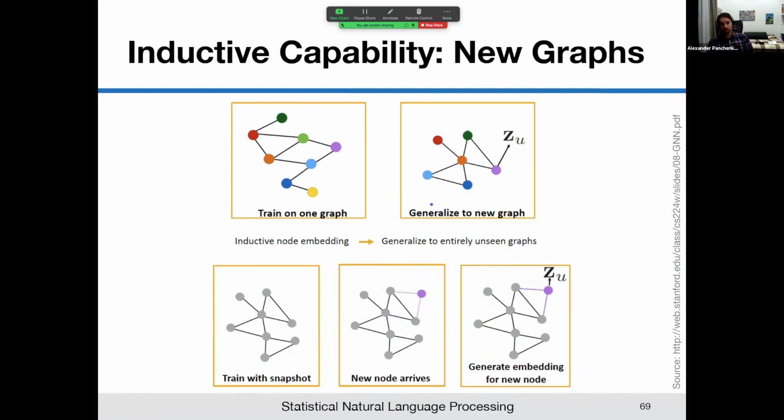And the distribution of the new ego network should be somehow similar to what you've seen during training. If you just have a new node which is not connected to anything, there might be other approaches to still encode it. Let's say you can have some features attached to the new node, but not links. It still might be possible to use this encoder, but in principle, it's better that you have this new node connected.